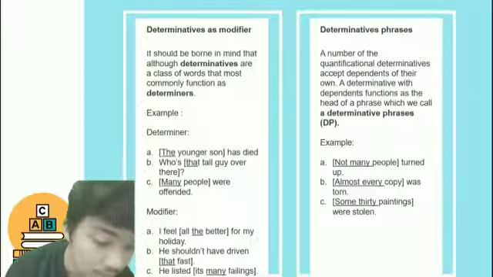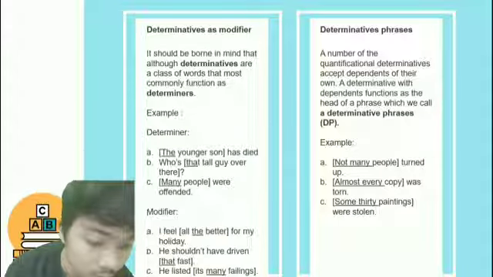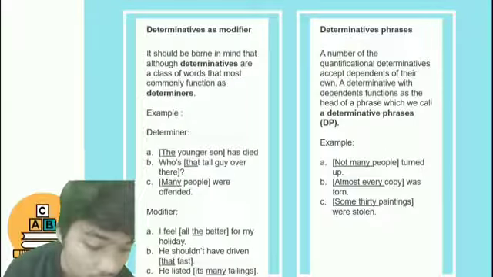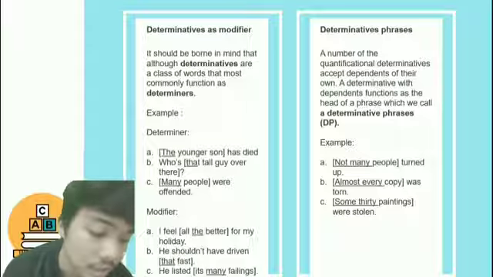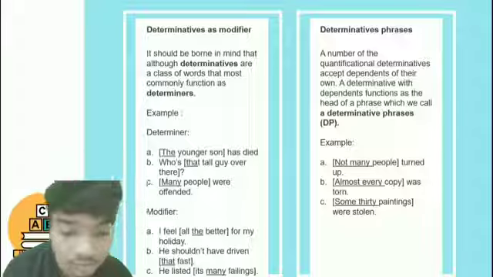Examples: not many people turned up. Almost every copy was torn. And the last is, some 30 paintings were stolen. The determinative phrases are not many, almost every, and some 30.